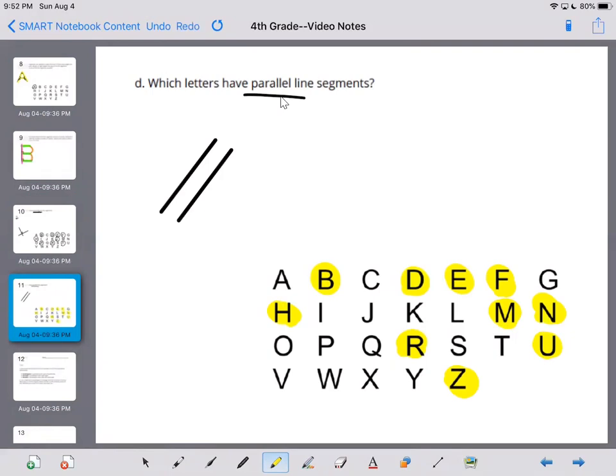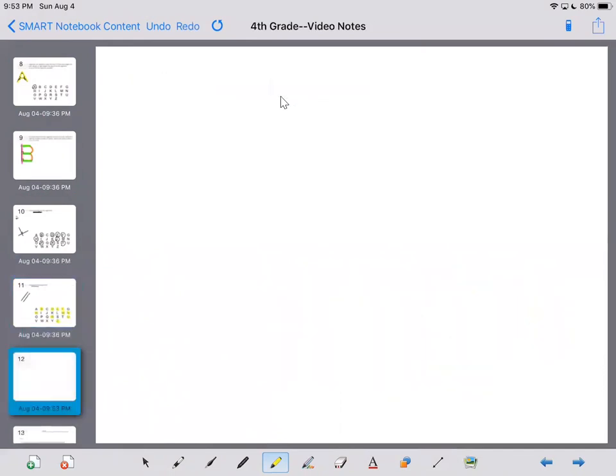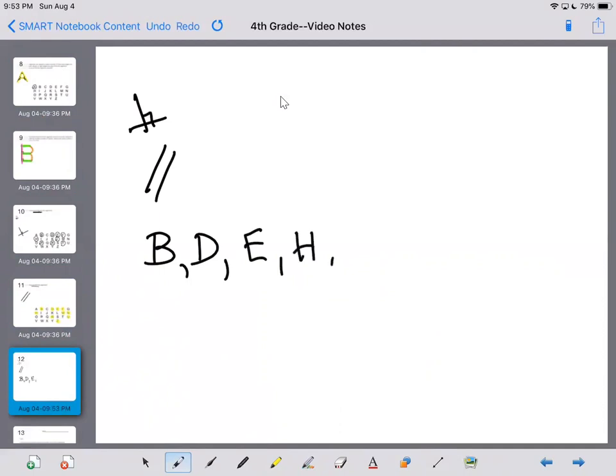So some of these letters, think about some of the letters that have parallel and perpendicular. So if you're thinking which ones are parallel and perpendicular, that would be letter B, D, E, H, and R. So those would be the ones that contain both of them.